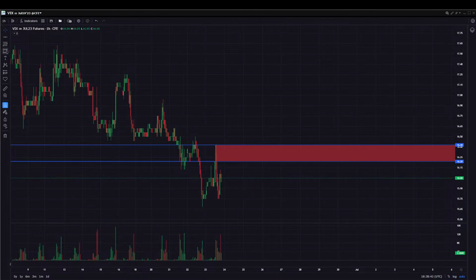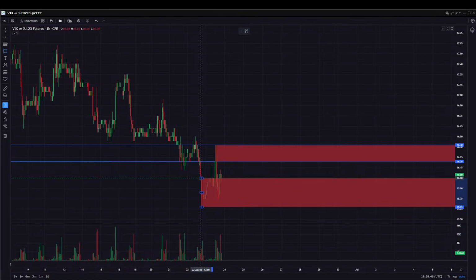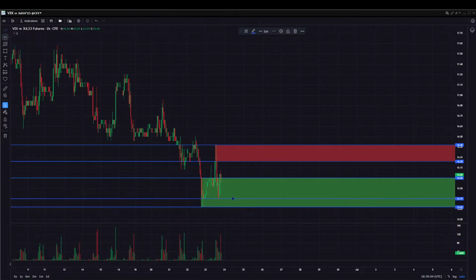And we're in such a large demand. Again, these are levels I would be watching inside this zone.